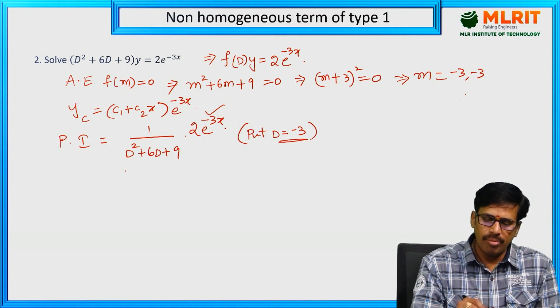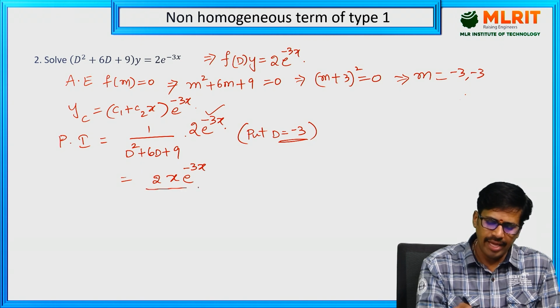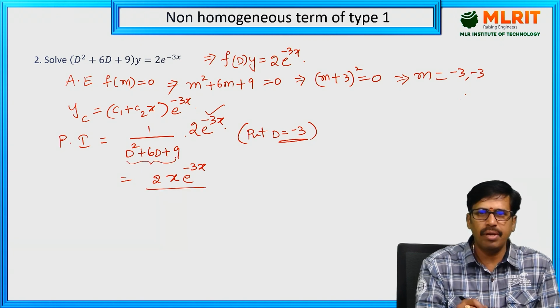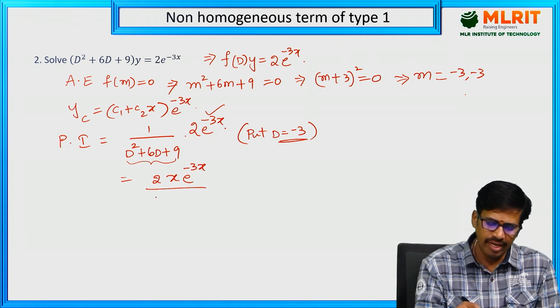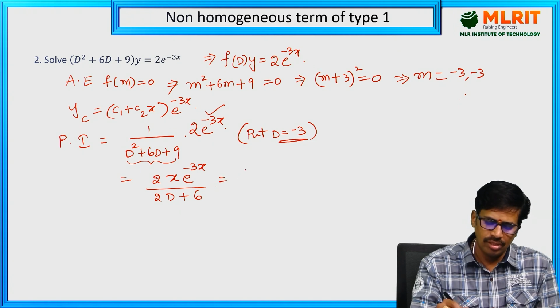If you get denominator 0, what you have to do? You have to multiply the numerator with x and differentiate the denominator. D square plus 6D plus 9, if you differentiate it, we get 2D plus 6.